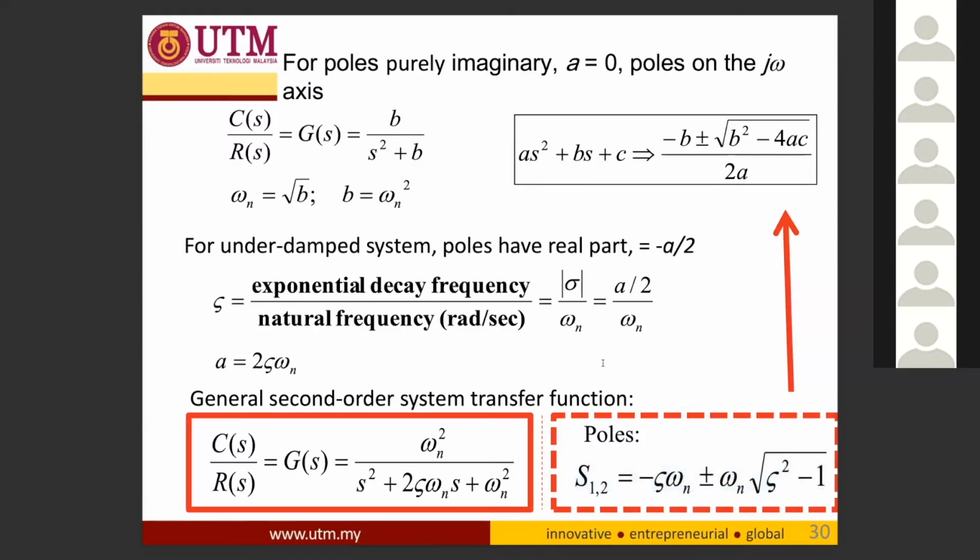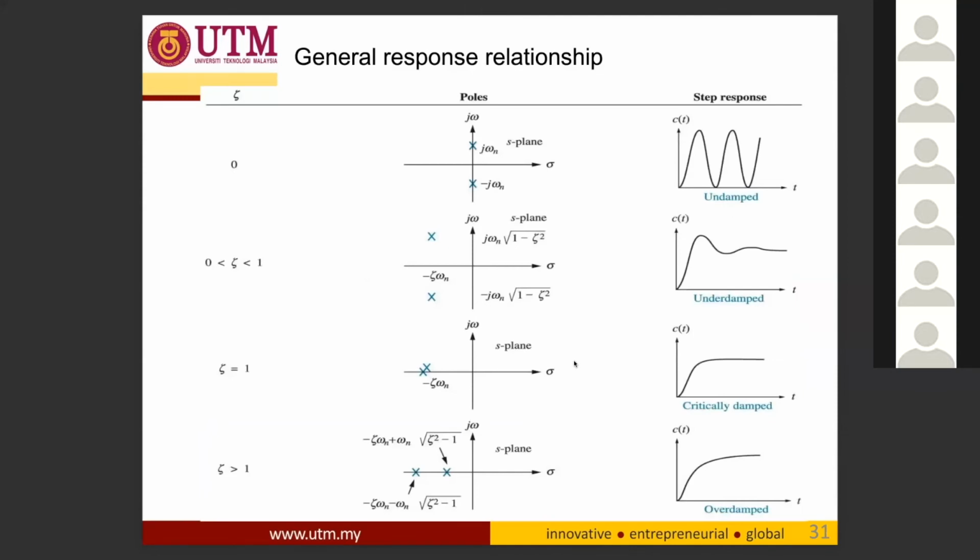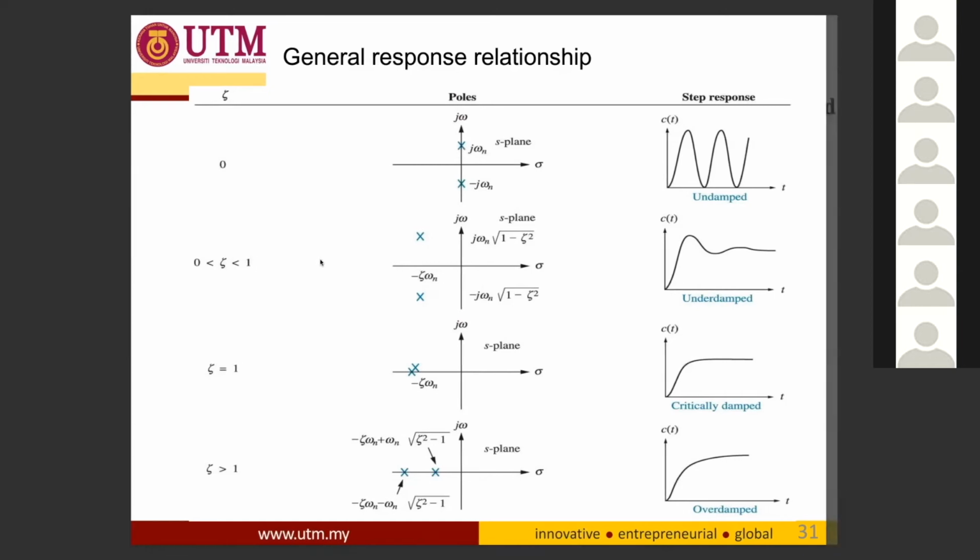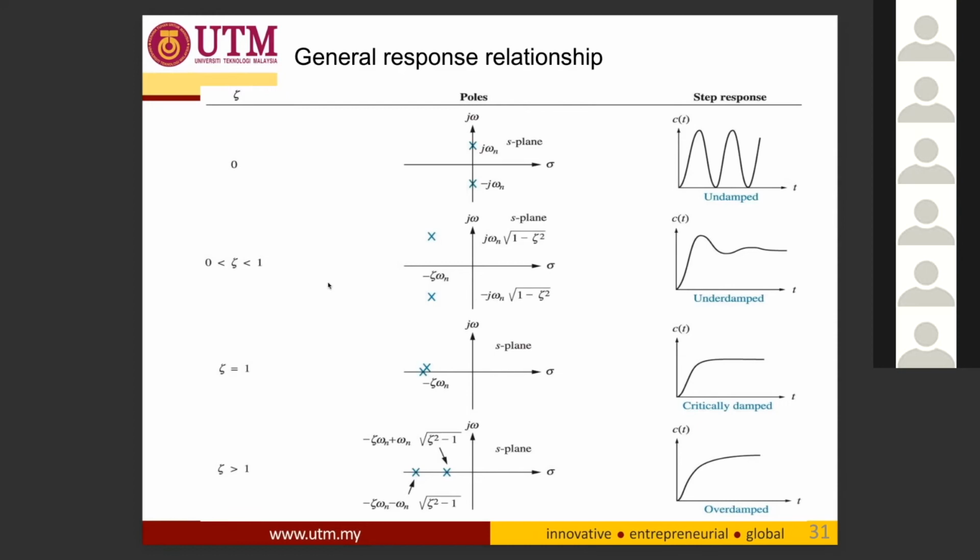So with respect to the 4 categories of second order system, we can assign the zeta values. For zeta equal to 0, it gives complex poles on the imaginary axis, which we call undamped. Zeta between 0 and 1 is underdamped because the poles are complex conjugate poles.